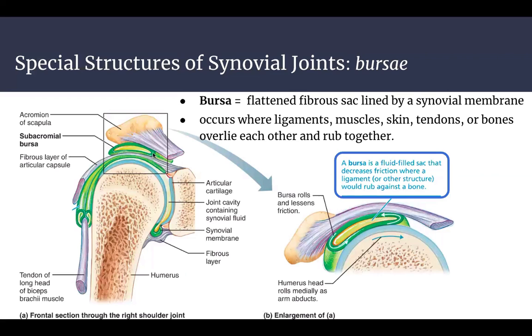We're looking at this green structure again, and over here we're zooming in to look at it more closely. Now, bursas occur where ligaments, muscles, skin, tendons, or bones overlie each other and rub together.